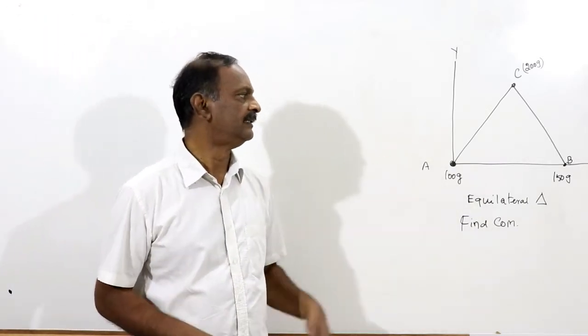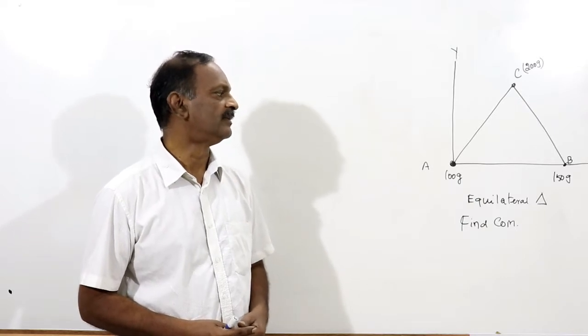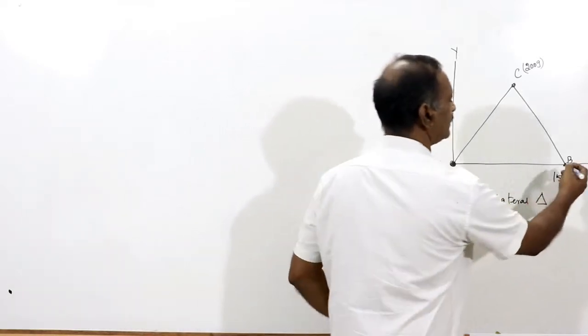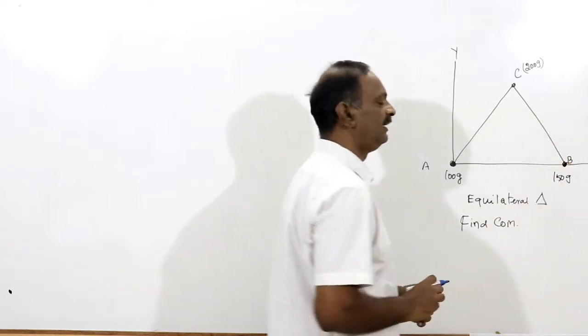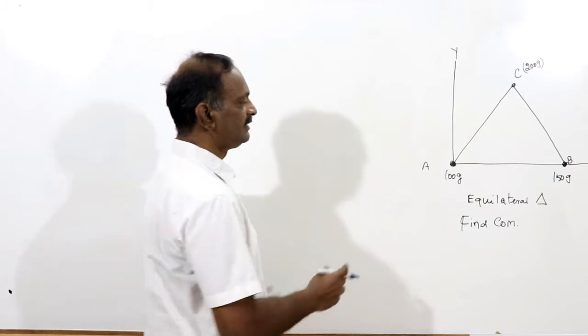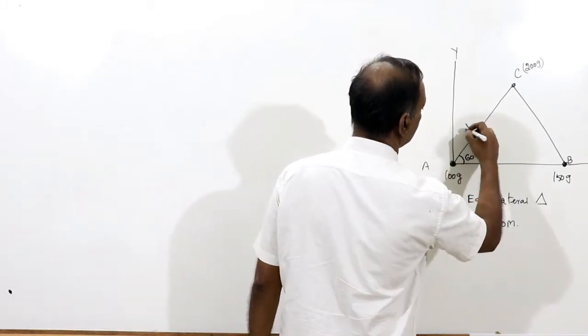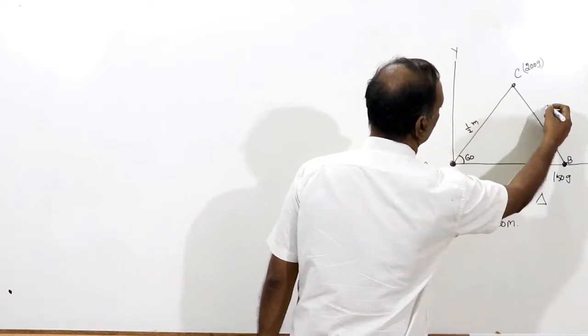In this question, this is an equilateral triangle, and we have to find the center of mass for the 3 masses distributed, where it is supposed to concentrate. Since it is an equilateral triangle, the angle will be 60 degrees and the side is half a meter.